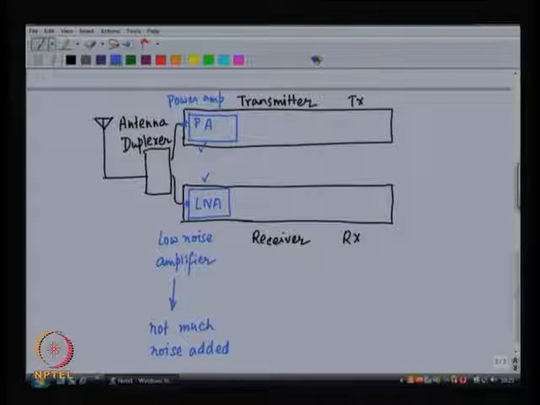Okay. What is going to be the next block in the receive chain? So, let us try to understand that a cell phone, when you are receiving signal, it is probably going to use 800 megahertz or 1600 megahertz or some extremely high frequency, right.